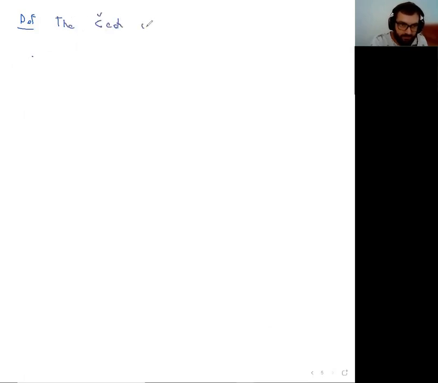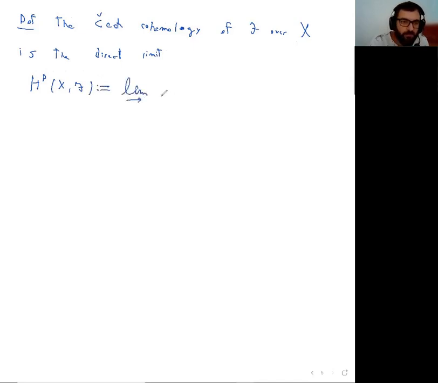So the Čech cohomology of F over X, now without respect to a cover, is the direct limit, H^p(X, F), which is just the direct limit of the H-hat^p(U, F) for non-negative p's.